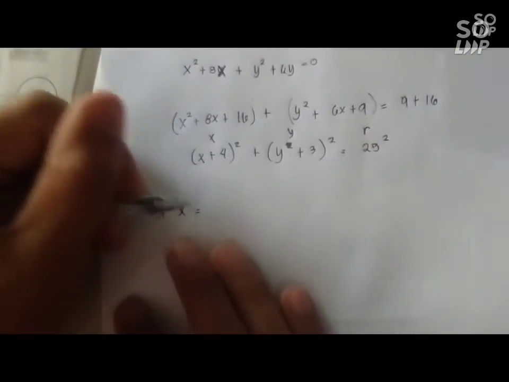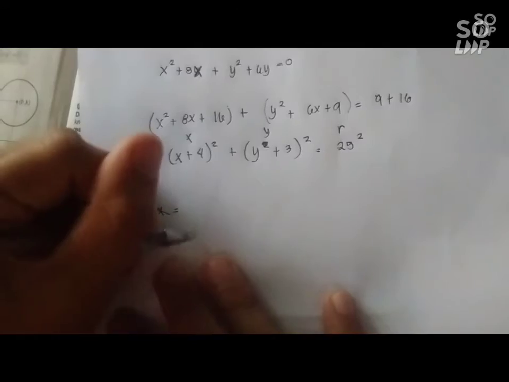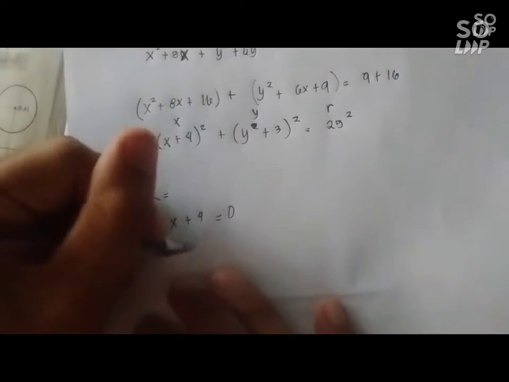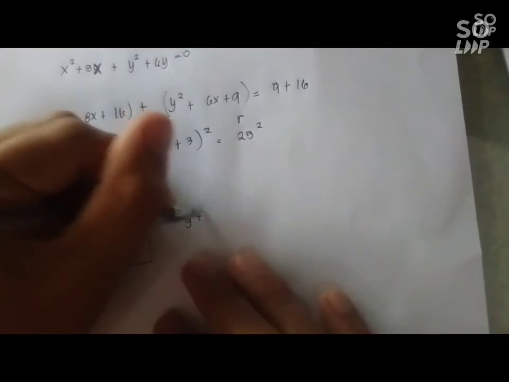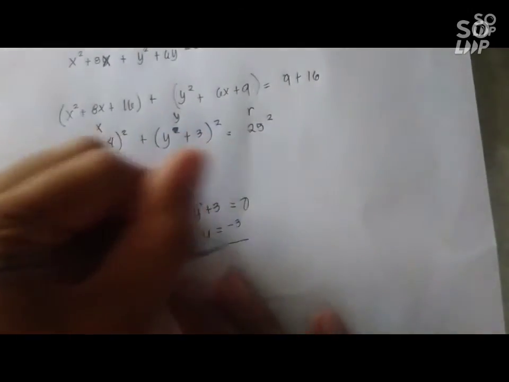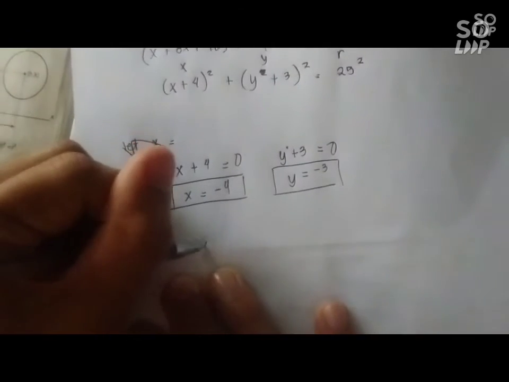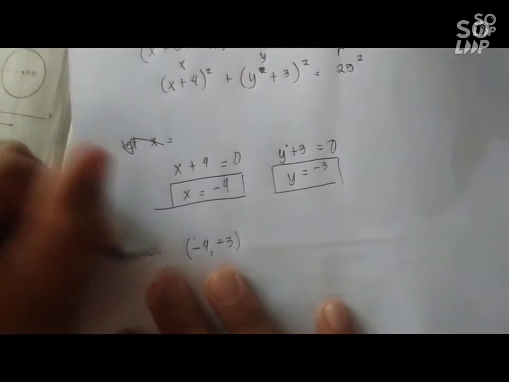So karon ang ato may tao ng x, let x plus 4 equals 0, so which is ang atong x equals negative 4 no. Y plus 3 equals 0, y equals negative 3, which is ang atong center naa sa negative 4, negative 3 muna ito center.